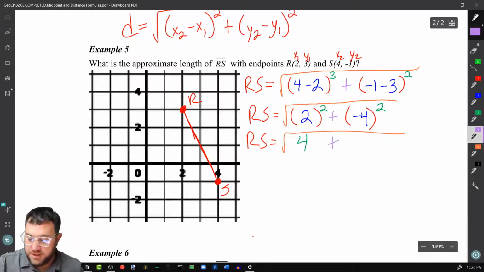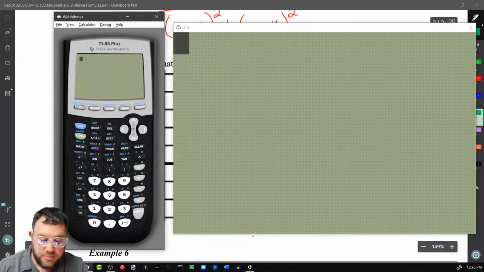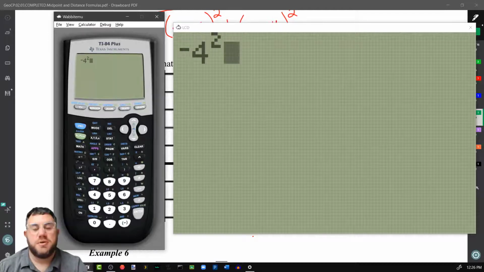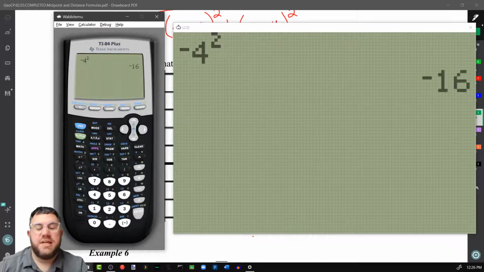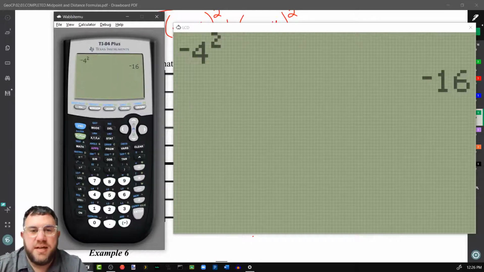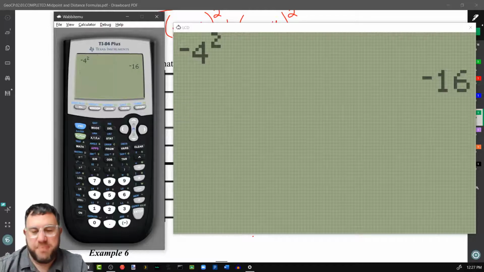Now the other one is the one where people tend to make mistakes. Our other number is negative 4. Now if I put in negative 4 squared, it's going to give me a negative number. You can never square something and get a negative number, because a negative times a negative would give you a positive, and a positive times a positive would give you a positive.